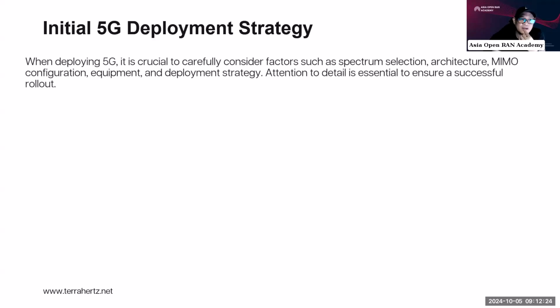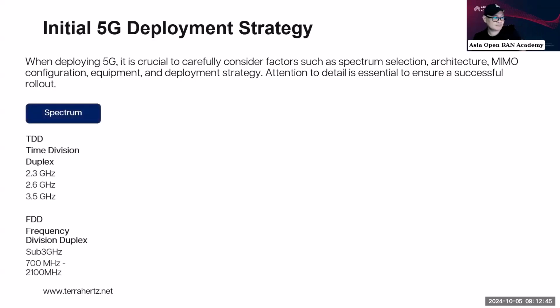So when deploying a 5G, it's crucial to carefully consider yung mga factors. Yan. Ano yung mga factors? Such as spectrum, yung frequency selection, architecture, ano yung antenna configuration or the MIMO configuration, equipment, deployment strategy. Attention to detail, yan is essential to ensure a successful rollout. First is spectrum. Meron ka bang frequency? Okay? Meron bang frequency ang operator to deploy a 5G network?